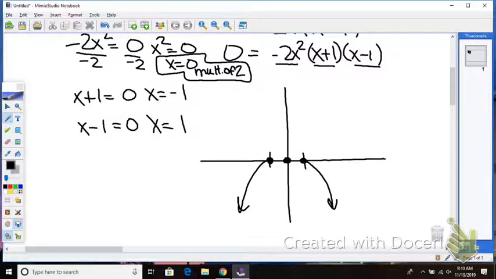So this graph here, the multiplicity of 2, I want you to put a note on the side here. When you have a multiplicity of 2, I want you to write the word bounce.